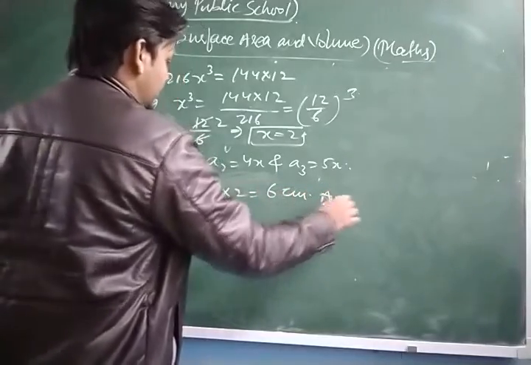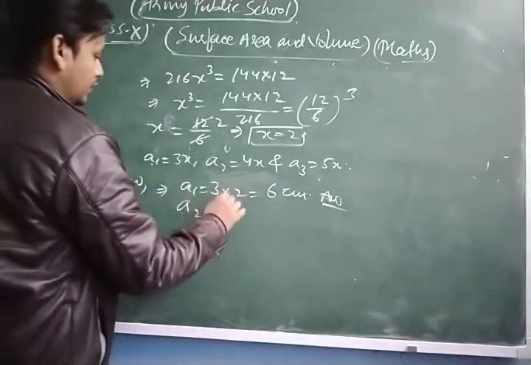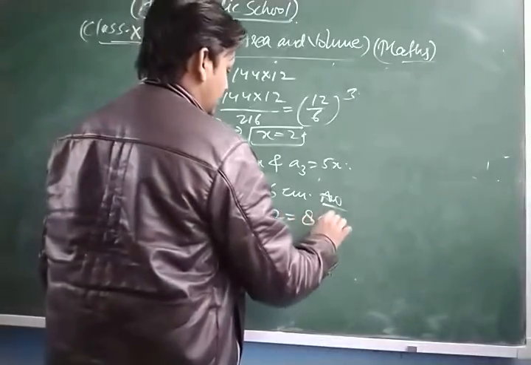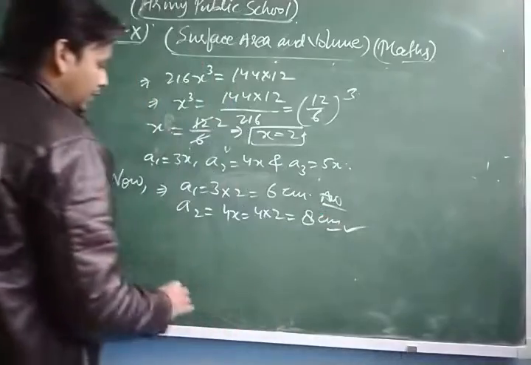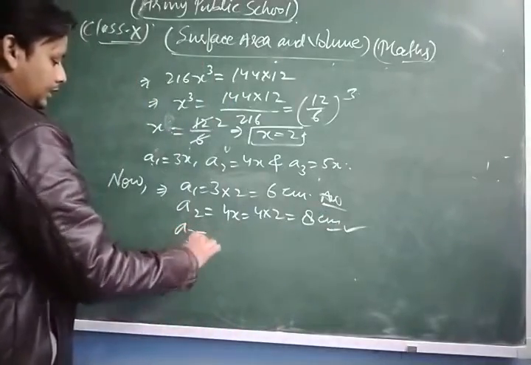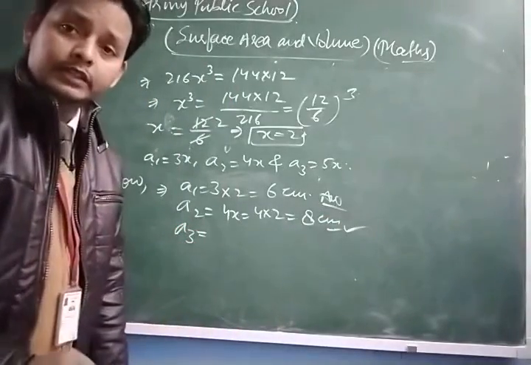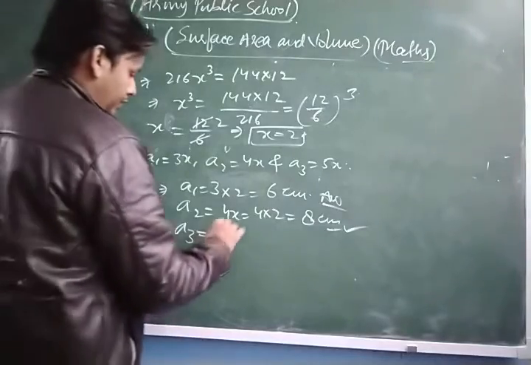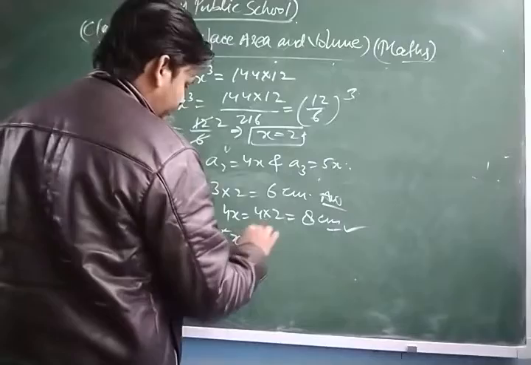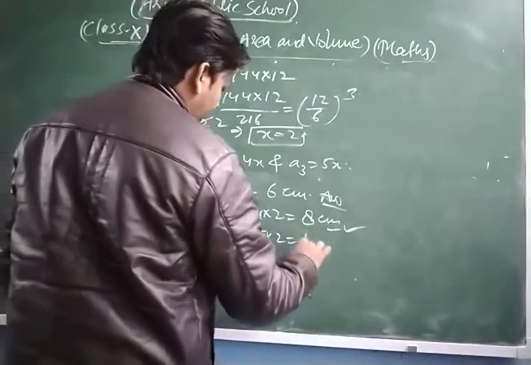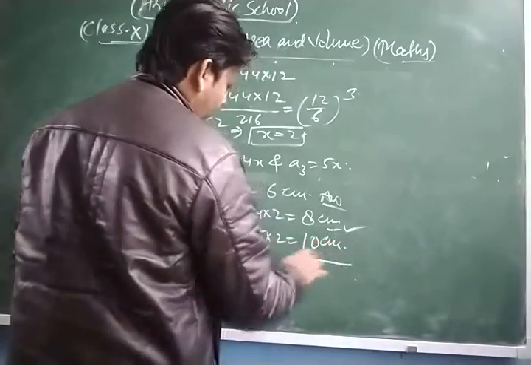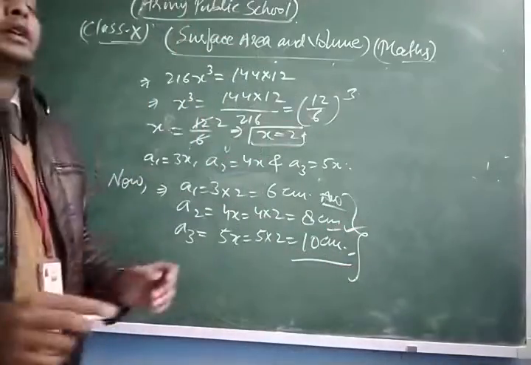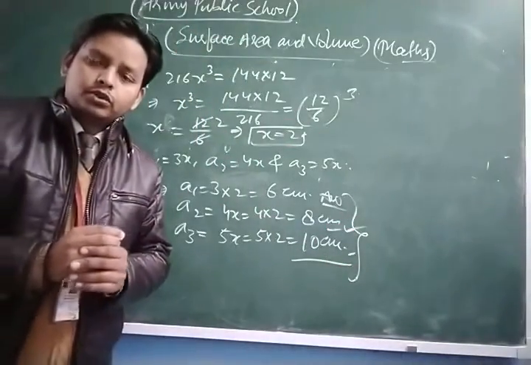This is the first answer. a2 is what? This is 4x. This is the second one. And the edge of the third cube is what? This is 5x. So these are the required solution of the given question.